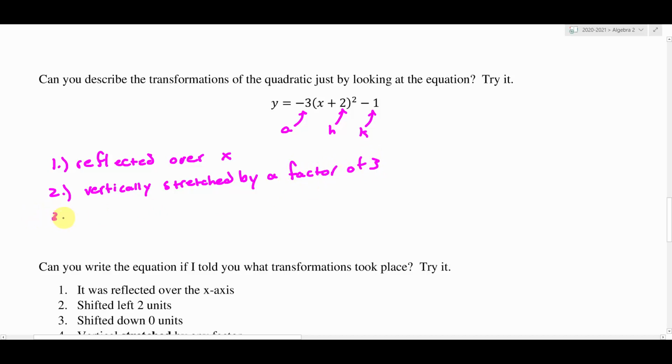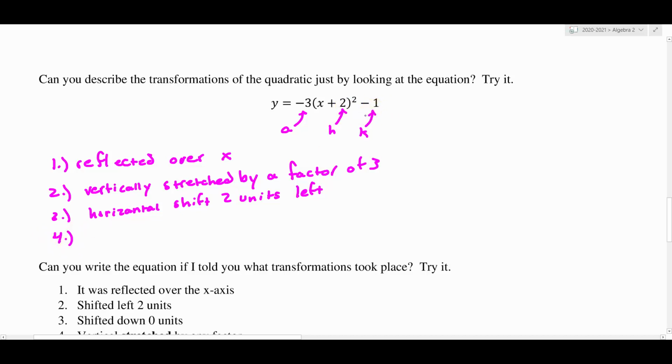Okay. And I just like to move left to right through the equation. So the next thing here is the h. Since we have a +2, this was shifted left 2 units. So I would say horizontal shift 2 units left.